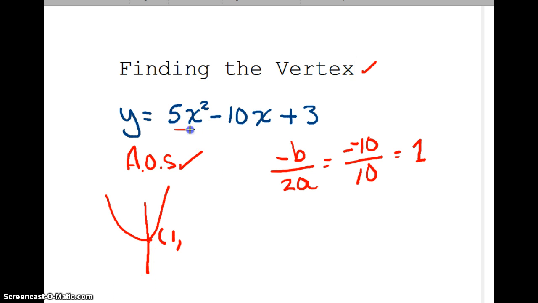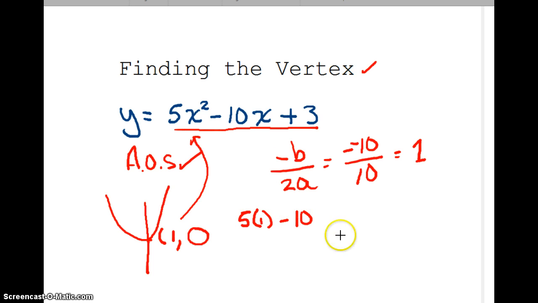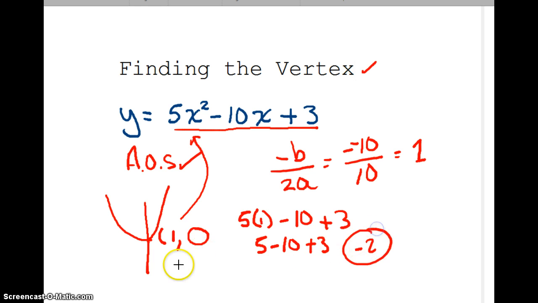We can put this into our calculator and go to where x equals 1 to find what y is, or we can plug the number in here. And to be honest, I would prefer to use the calculator, less chance for mistake. But let's do it very quickly. 5 times 1 squared is 5, minus 10 times 1, plus 3. So we have 5 minus 10 plus 3. So negative 5 plus 3 is negative 2. So I know that my ordered pair is 1 comma negative 2.